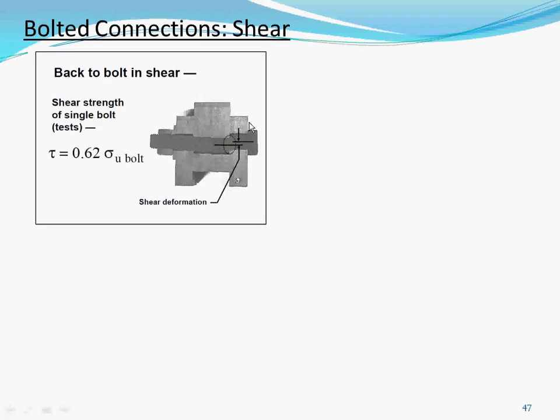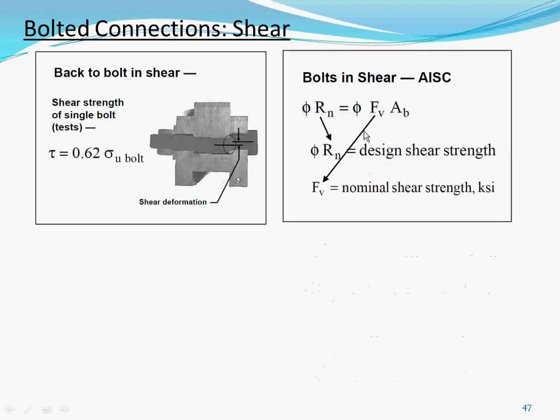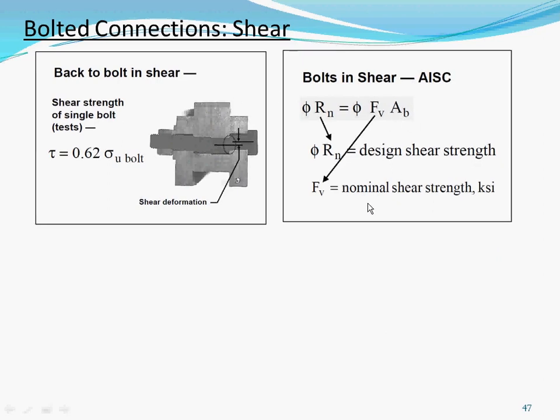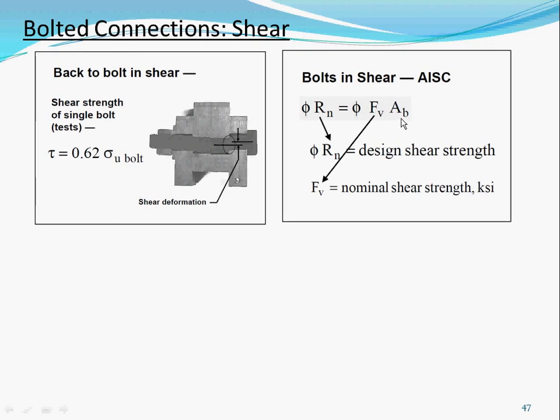For bolts in shear, that's just the shear stress times the bolt area. So that's your shear deformation. In the AISC, how they take care of it is they publish a nominal shear strength, and you use the area of the bolt. You don't have to do anything else, you just multiply by a phi, which they give you.